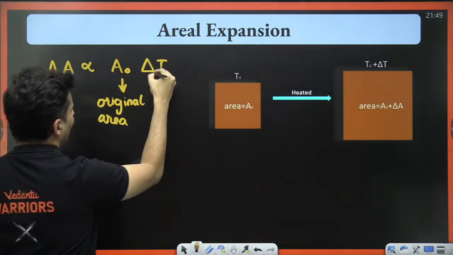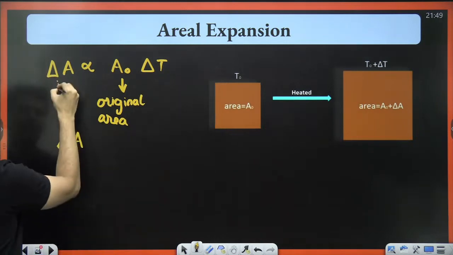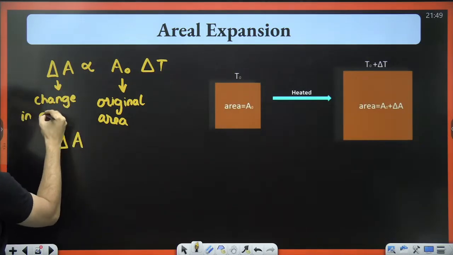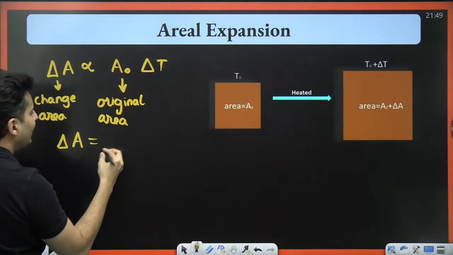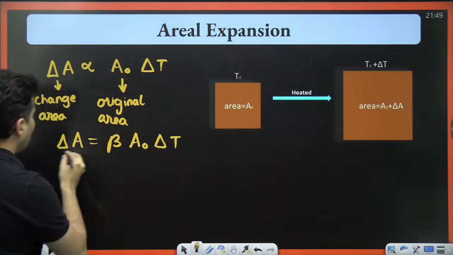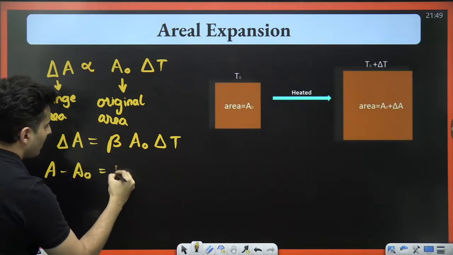That constant of proportionality is now beta.